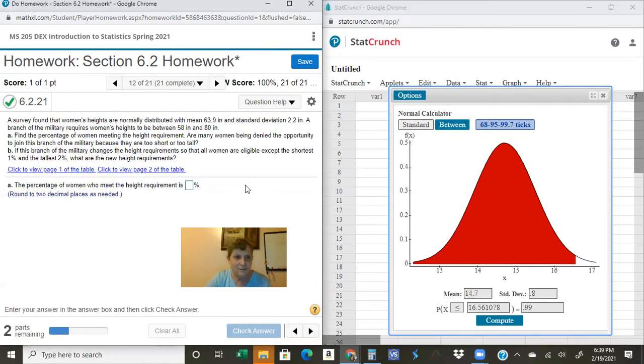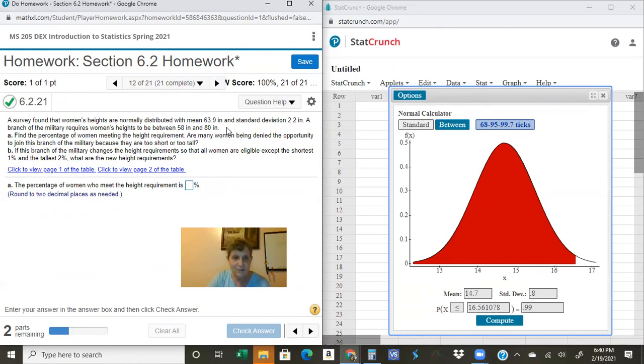Let's take a look at this one. A survey found that women's heights are normally distributed with a mean of 63.9 inches and standard deviation 2.2. And a branch of the military requires women's heights to be between 58 inches and 80 inches. Okay, 80 inches is huge. That's like 7.5 feet.